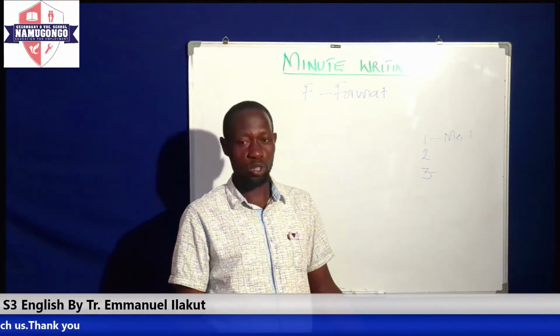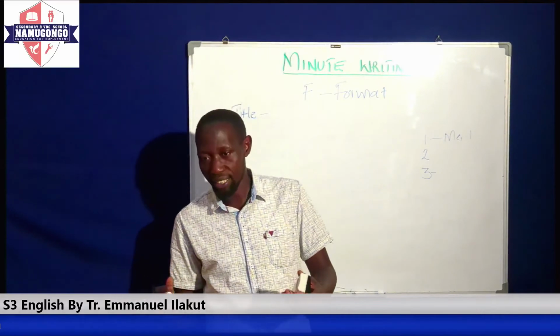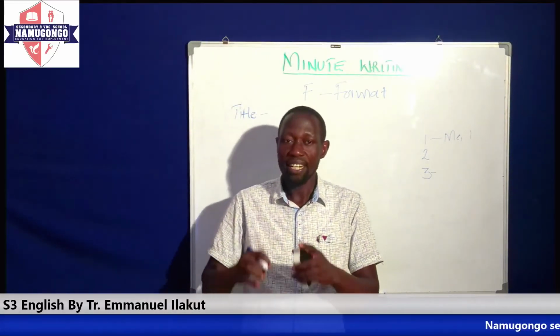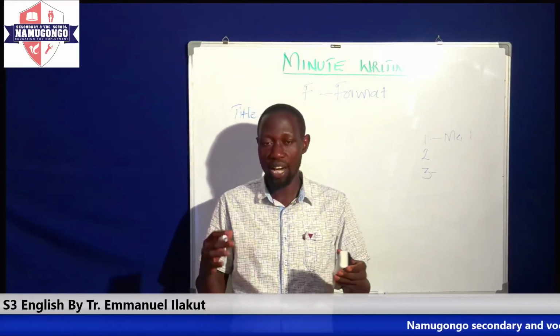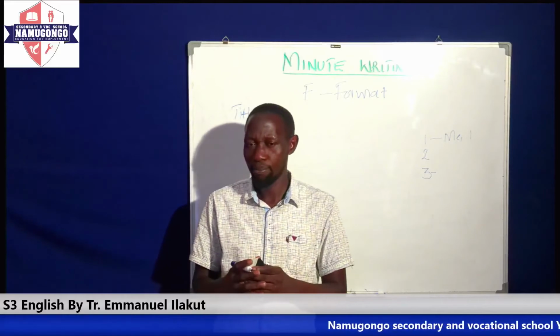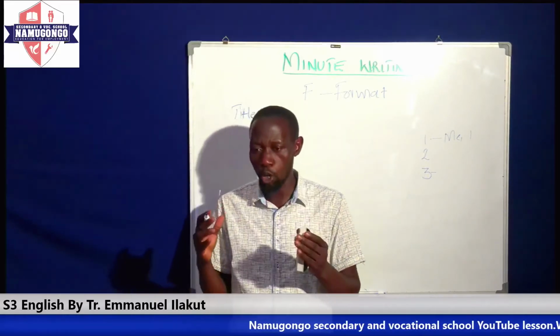Maybe in Namgongo Secondary and Vocational School, we held a debating club's meeting. We would say the name of the group meeting is Namgongo Secondary and Vocational School Debating Club. The name of the group meeting should be shown.